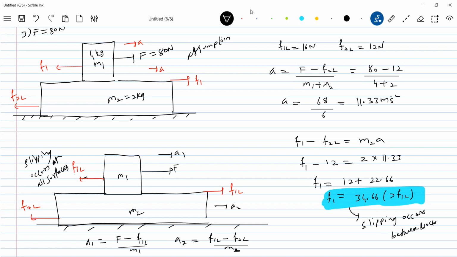Any doubt? I gave almost the very core basic idea of this. Now we'll take some examples related to the other conditions.